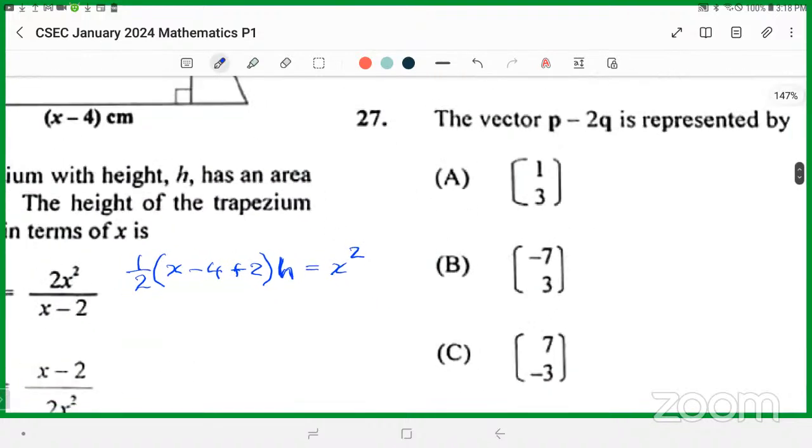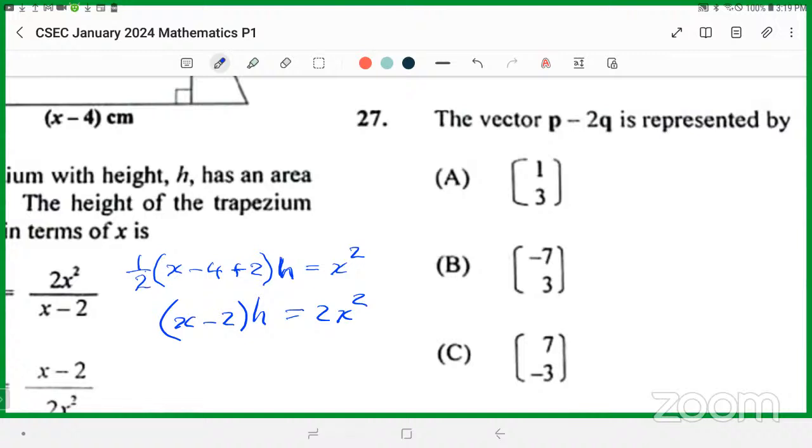That's what we're solving. Now, firstly, this 2 can multiply up over here. And then negative 4 plus 2 is negative 2. So I'm going to get x minus 2, and I'm going to take this 2 and multiply it up here. I get 2x squared equals 2x squared.